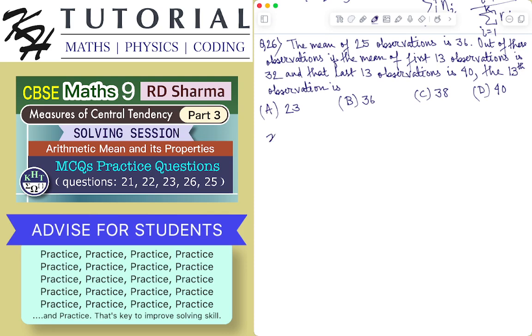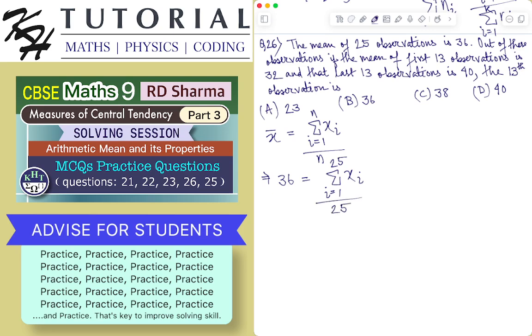so we know that the mean is equal to the sum of the observations xi, where if there are n observations, i is ranging from 1 to n, divided by n. In this problem, the mean is given to be 36. So we have 36 is equal to summation of xi, where i is ranging from 1 to the number of observations, 25, divided by 25.